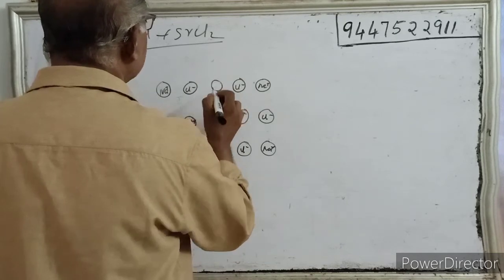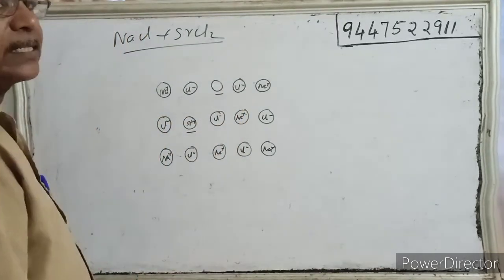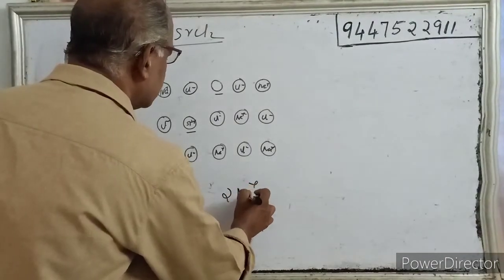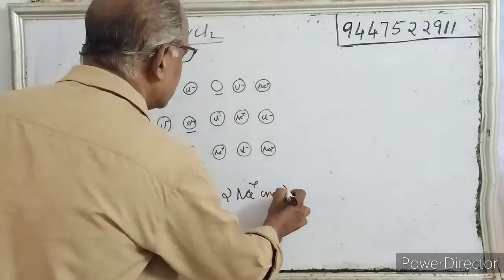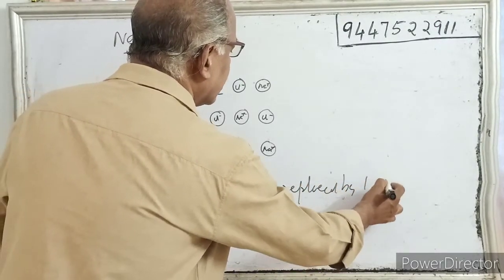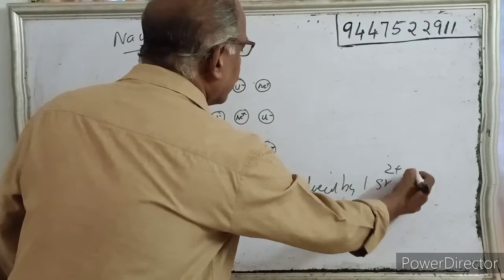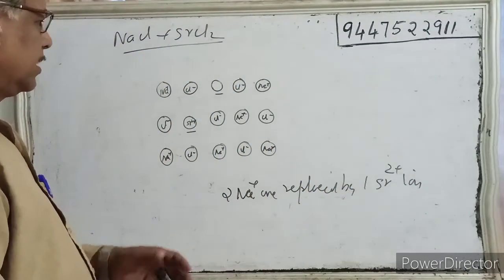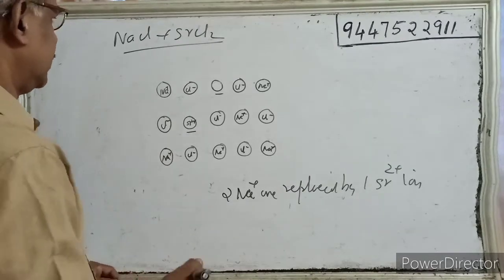Here 2 sodium ions are replaced by 1 Sr2+ ion. That is the impurity defect.